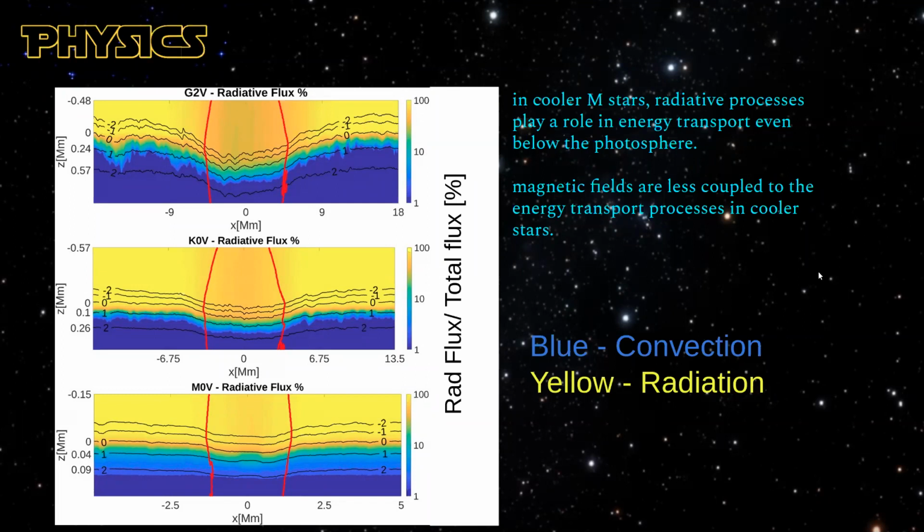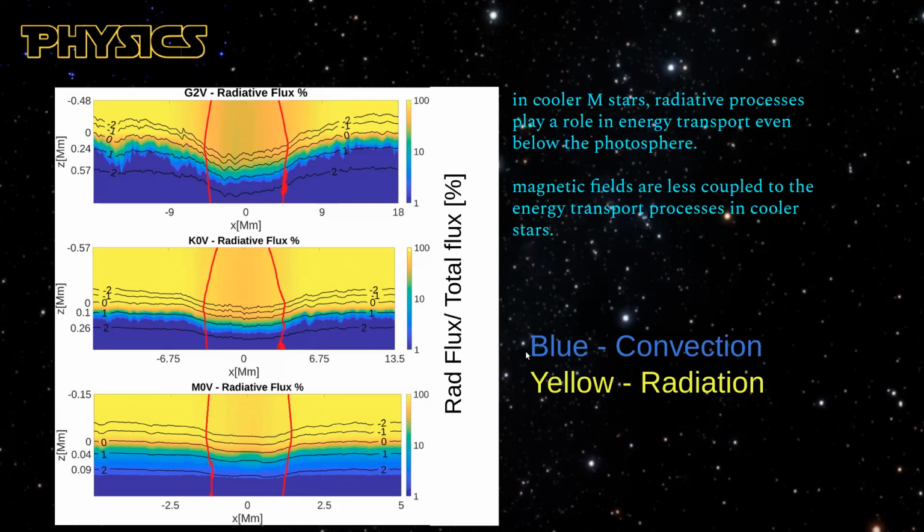Just pay attention to my cursor here. What you see is that on the sun, for example, on the G25 star, the transition from convective energy transport to radiative energy transport takes place within a pressure scale height. So blue to yellow, just one pressure scale height. And if you look at what is happening in the M star, this is spread out. The same change is spread out over multiple pressure scale heights, almost 2.5.